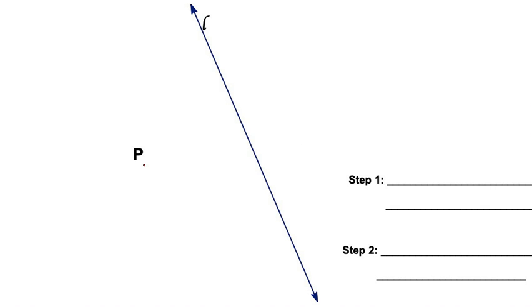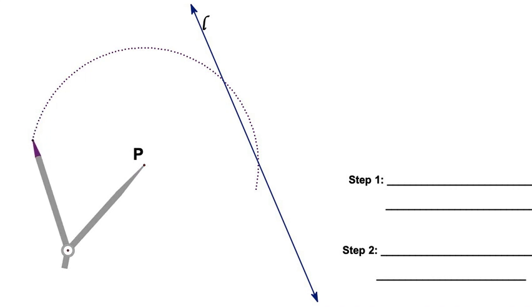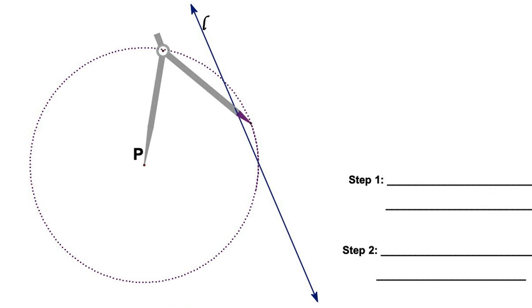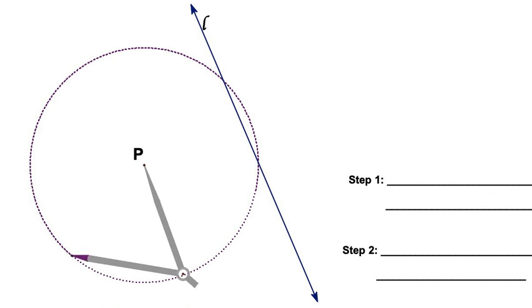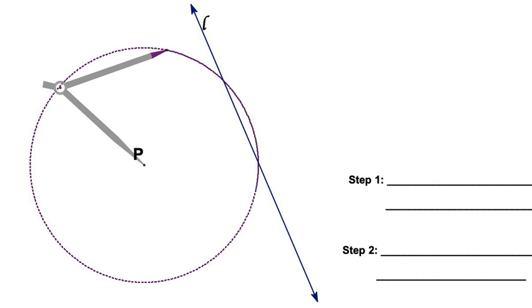So we're going to take our compass, our needle on P, and I'm going to swing a random arc. Yes, this is a random arc. You're going to need a little bit of judgment there. Not too big, not too small. It's going to be just right, because that is going to generate for me 2 points of intersection.